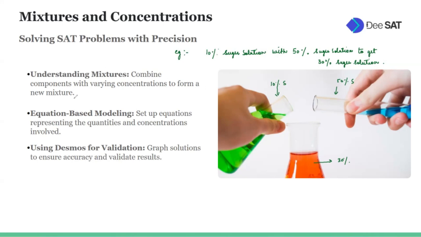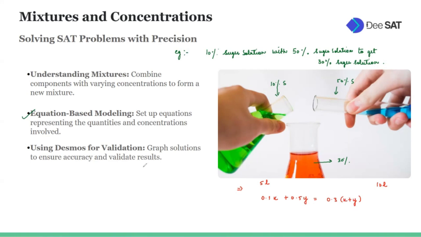Now, based on this, we need to form the equations, to represent the quantities and concentrations. For example, if you are mixing 5 liters of one solution and 10 liters of another, the equation may look like 0.1 times x plus 0.5 times y equals 0.3 times (x plus y).